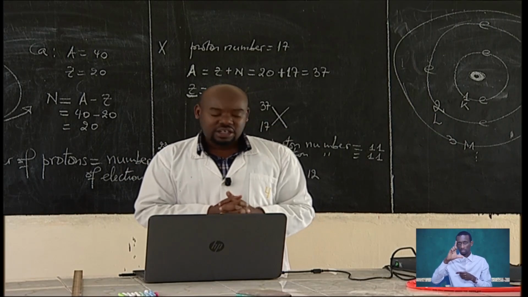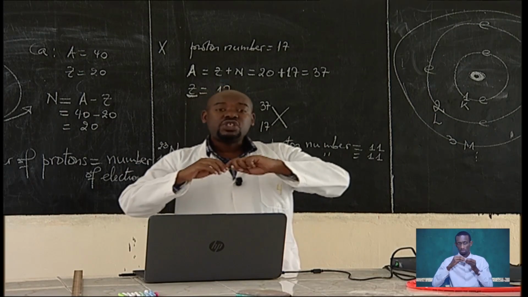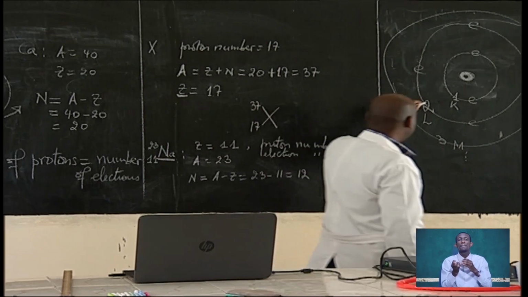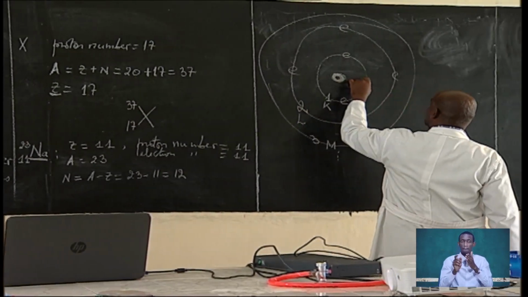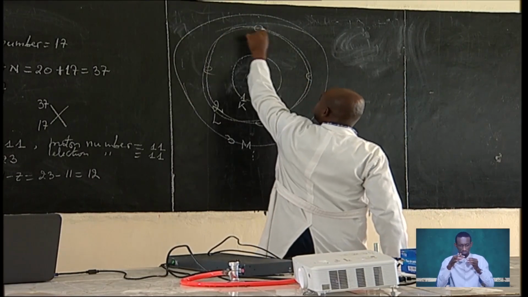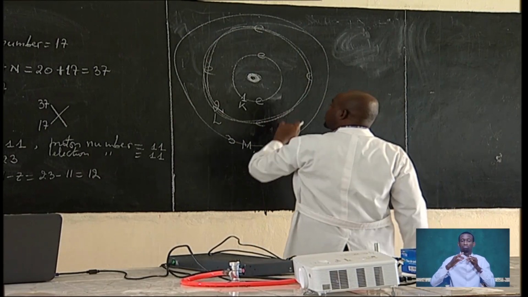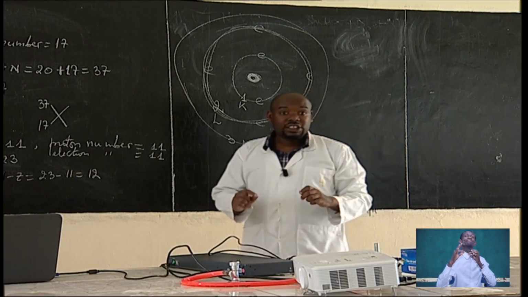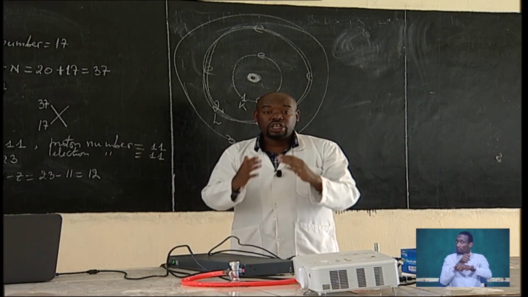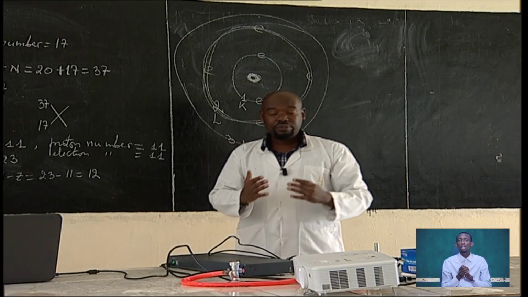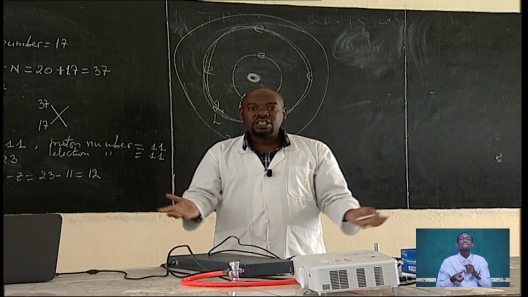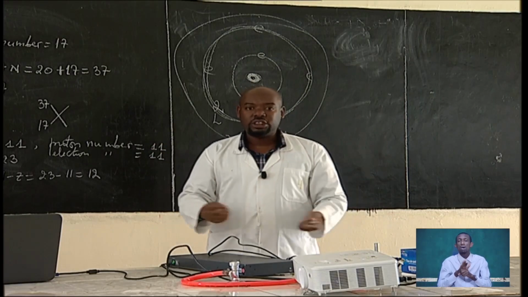Why is it like that? It is because as you move further from the nucleus, you can see the distance is increasing. The size of our energy level is increasing. So as it increases, the energy level or the electronic shell gets the capacity of accommodating more and more electrons.